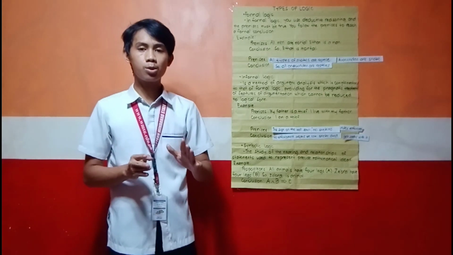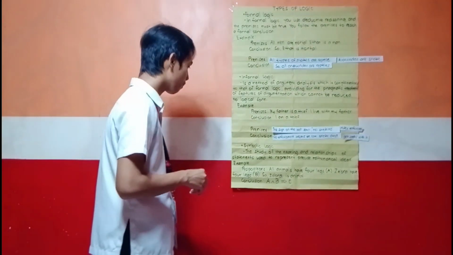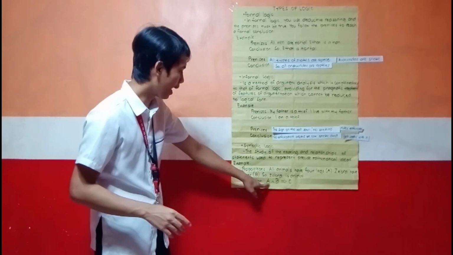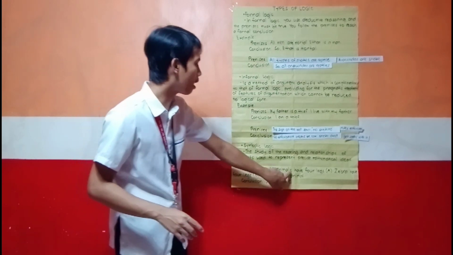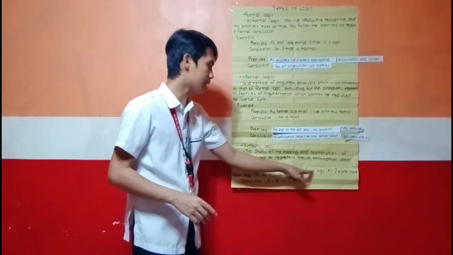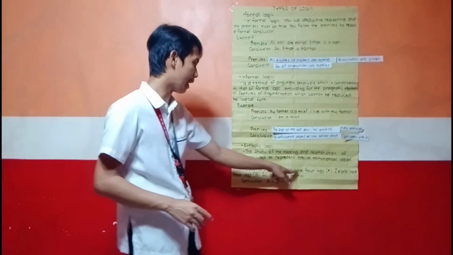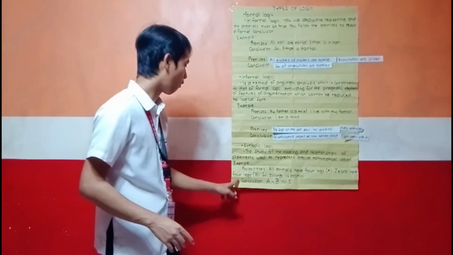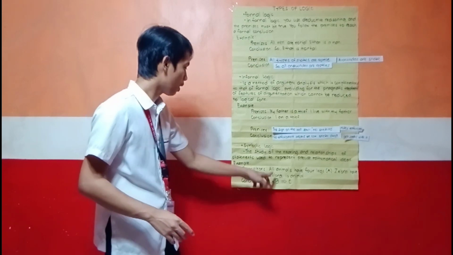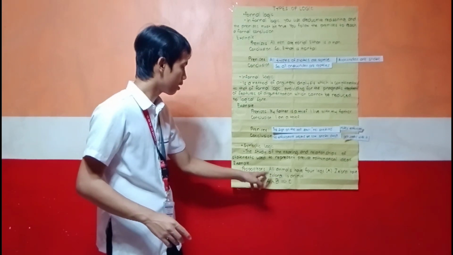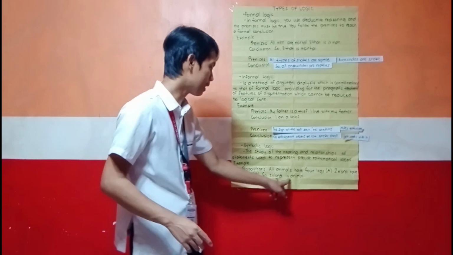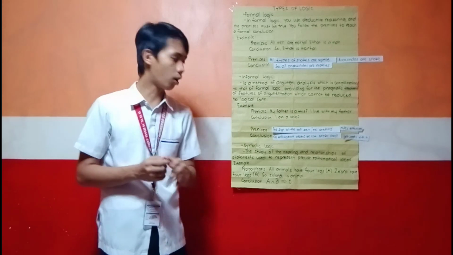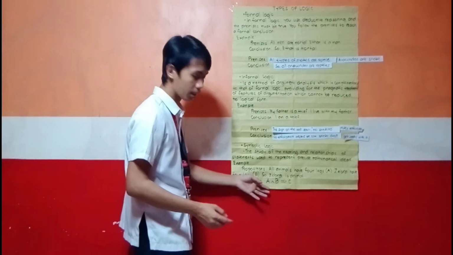So, when we write it in symbolic form, our A here is all animals have 4 legs. This is our first premise, the A. Then our B is zebra have 4 legs. So, the letter C is so zebra is an animal.